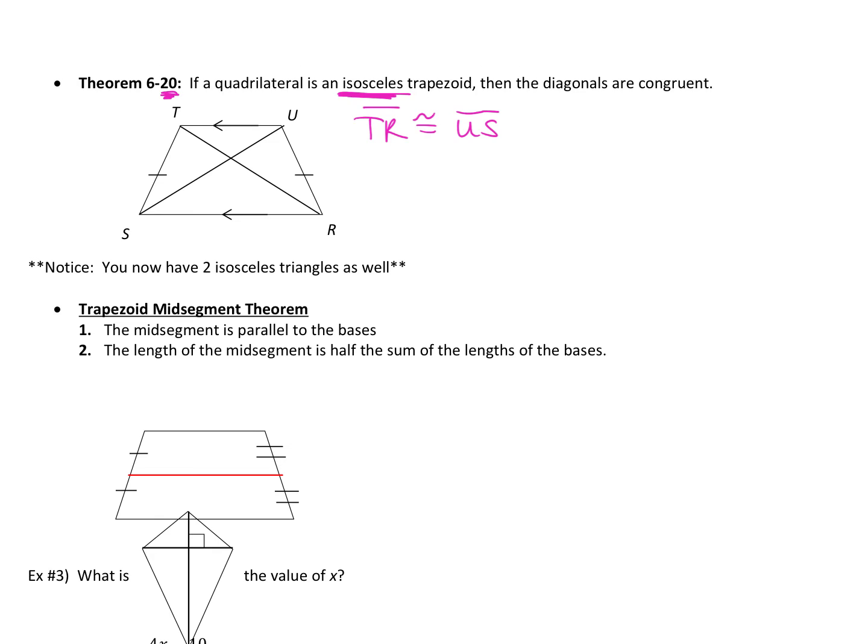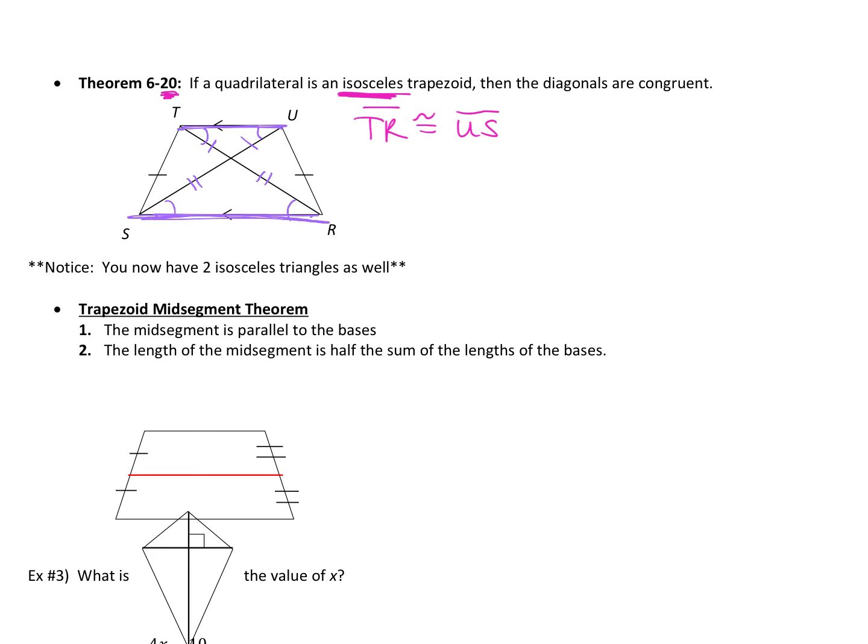So if you take a look at that picture right now, let me just point out a few things that happen here. First of all, we have parallel lines, right? So if you look at these as transversals, you also have alternate interior angles, but because it's isosceles, it's actually true that all 4 of those will be the same. So you have 2 isosceles triangles. This is an isosceles triangle on bottom, and this is an isosceles triangle on top.